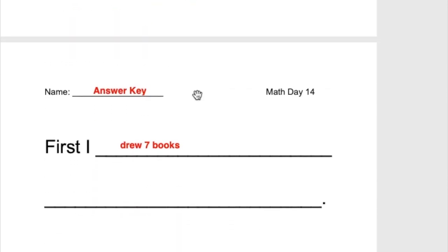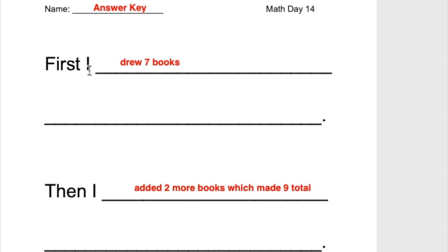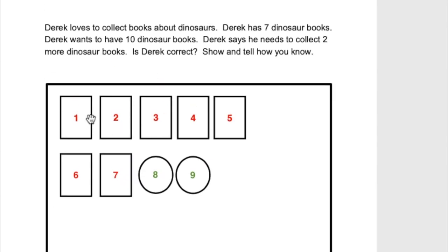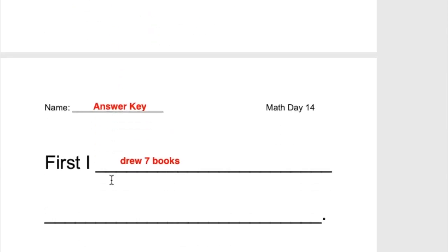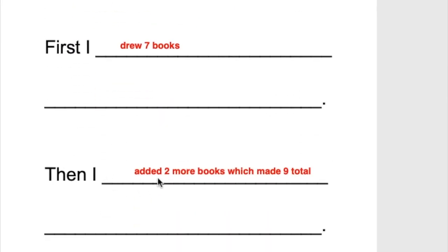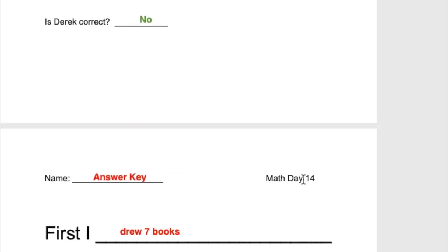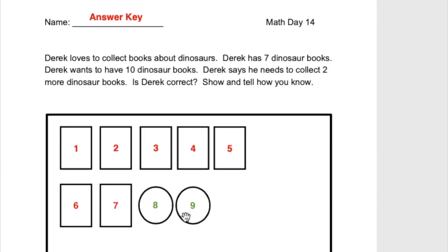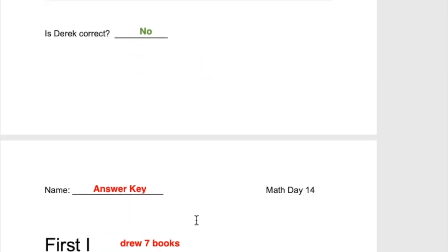Now for my words, I might say, first I drew 7 books. You can see up here in red, I drew 7 books. Then I added 2 more books, which made 9 total. I added my 2 more books and I kept counting and I'm up to 9.